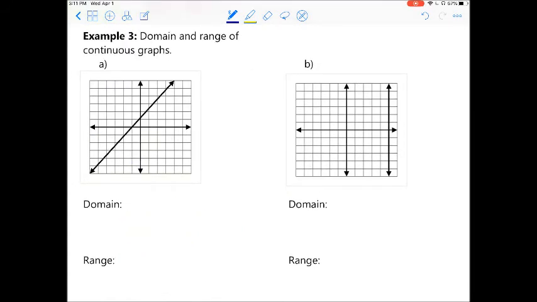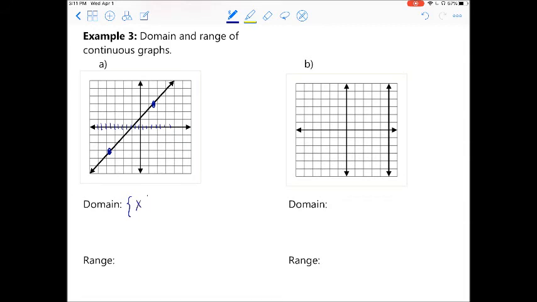We're moving on to example 3, domain and range of continuous graphs. So domain of this graph is actually quite simple. We open the bracket and notice how all the values of x are defined on this line. Anywhere you pick, x will be valid.